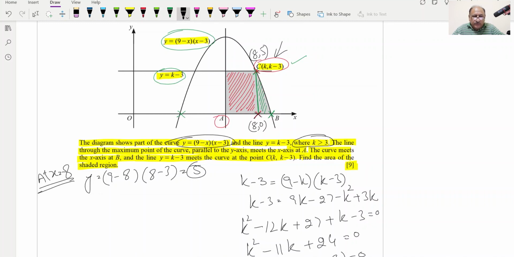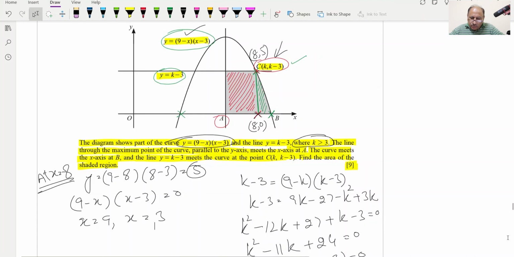And similarly, we can find the x-intercepts also. How will we find them? We will be replacing y is equal to 0. In the main equation, if we replace y with 0, 9 minus x and x minus 3 is equal to 0, we will get x is equal to 9 and x is equal to 3.